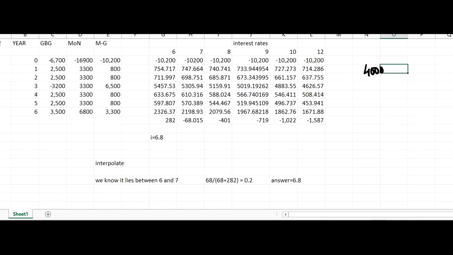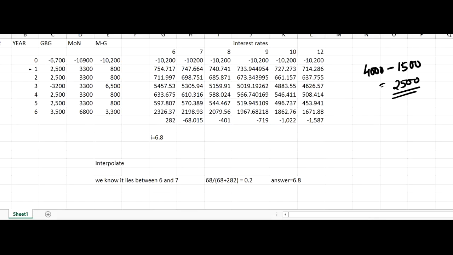I'll repeat again: the annual benefit for GBG, that is 4000, minus the annual operation cost, that is 1500, will give you a value of 2500. So this will go for the year 1.